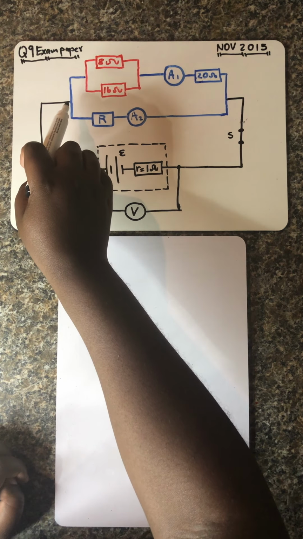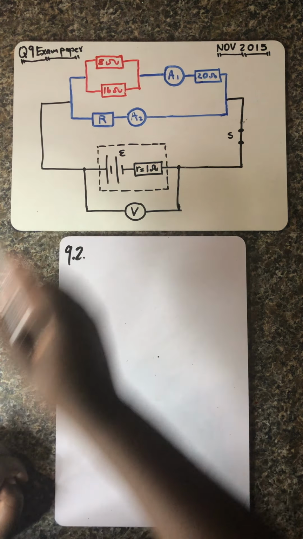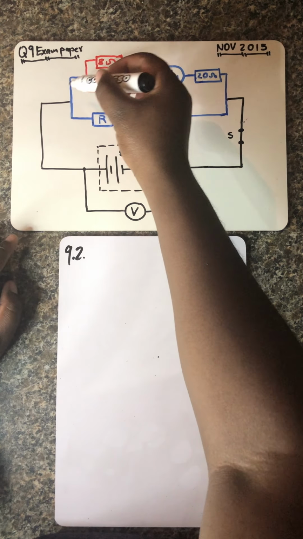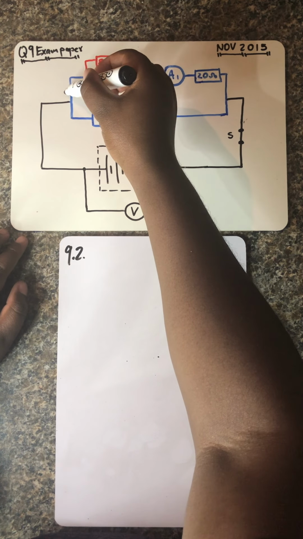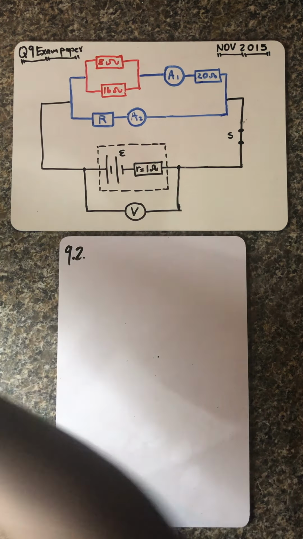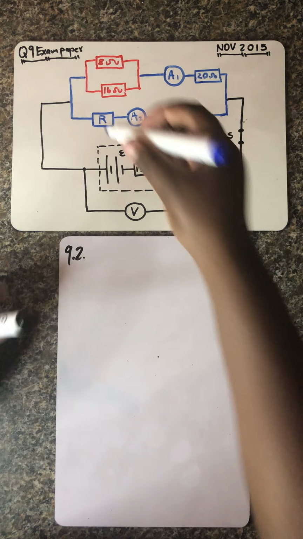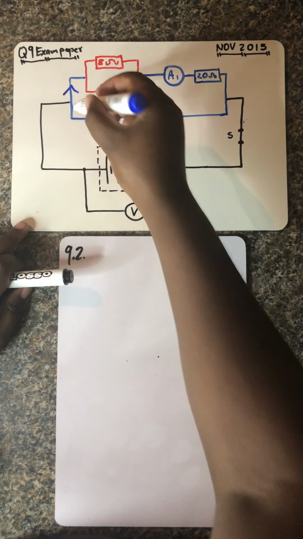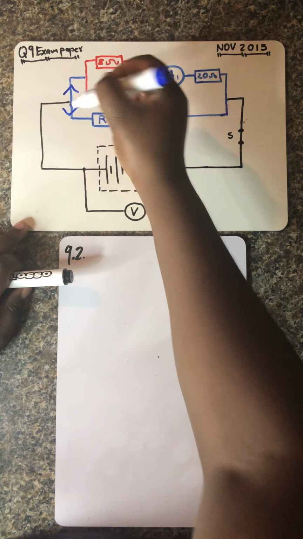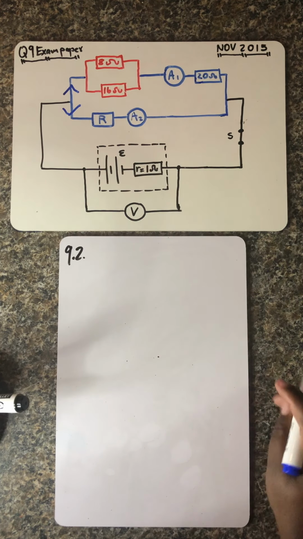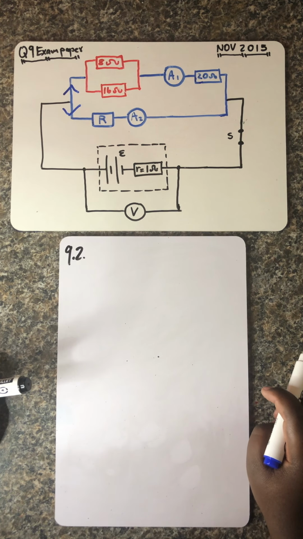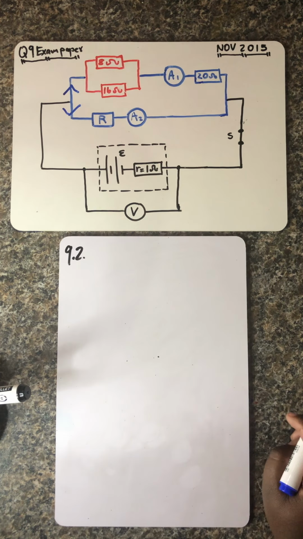The one current will flow in that direction and the other current will flow in this direction, okay? Let me just indicate with arrows that you're going to have the current flowing in that direction and another current flowing in that direction. So it splits, okay? And it doesn't necessarily mean that it splits in equal halves, okay? It depends on the resistance.